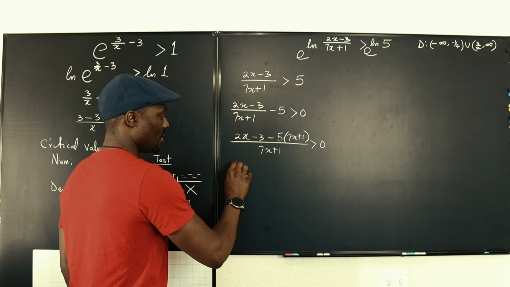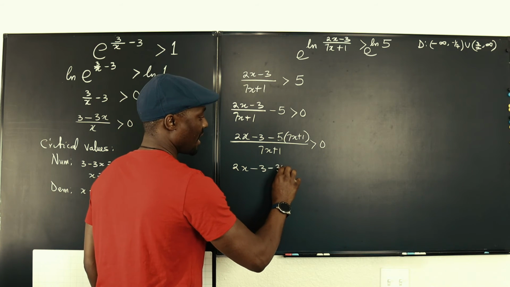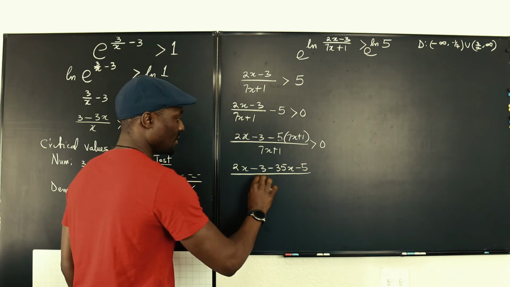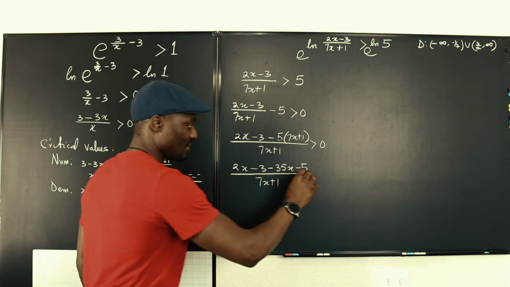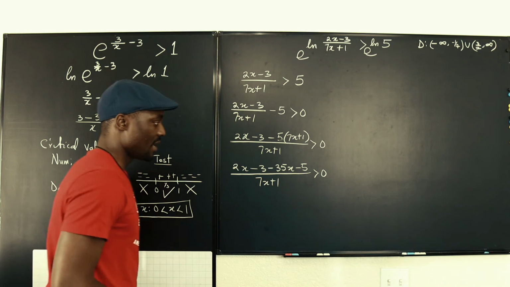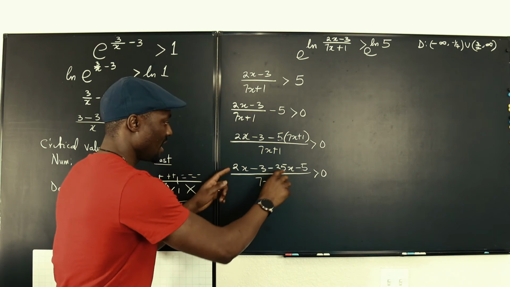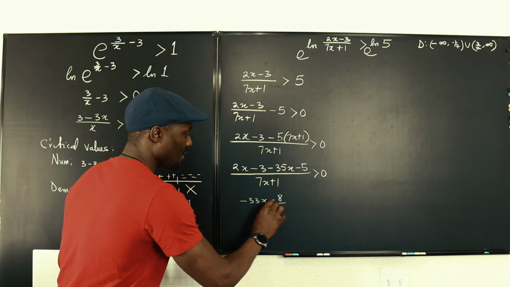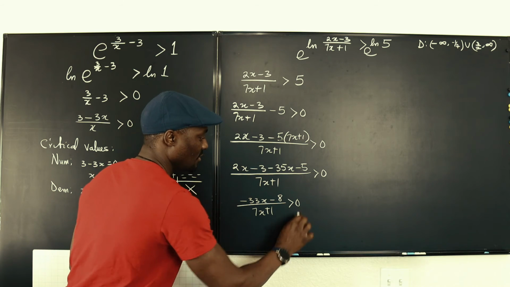If you open this up, you're going to have 2x minus 3 minus 35x minus 5 over 7x plus 1 greater than 0. Let's gather this together. This is negative 33x minus 8 over 7x plus 1 is greater than 0.